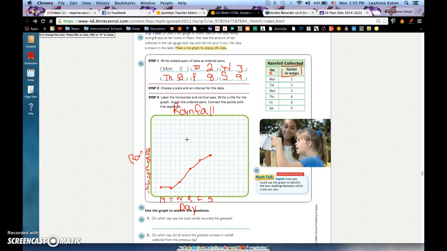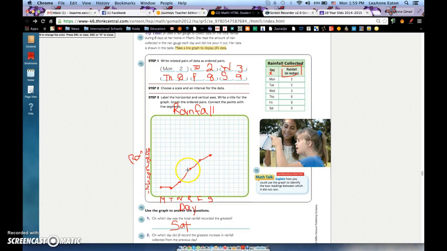And then we can answer the questions. On which day was the total rainfall recorded the greatest? Well, that's easy. Which one is the highest? That's Saturday. And then on which day did Jill record the greatest increase in rainfall collected from the previous day?